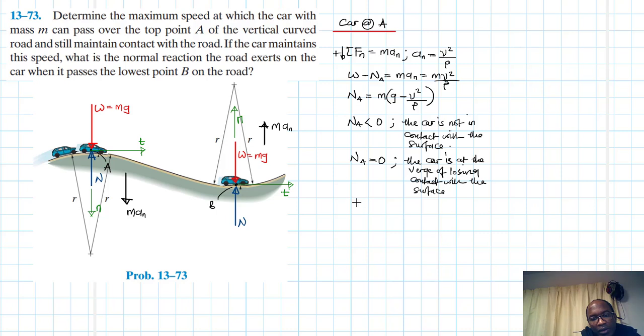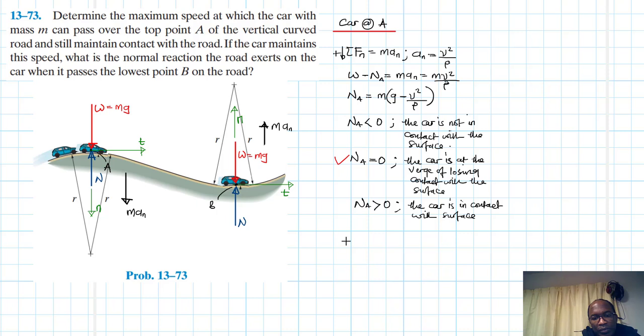Then we have N_A greater than 0. The car is in contact with the surface. So these three cases. Therefore, we want the maximum, and to find the maximum, we need to use this one.